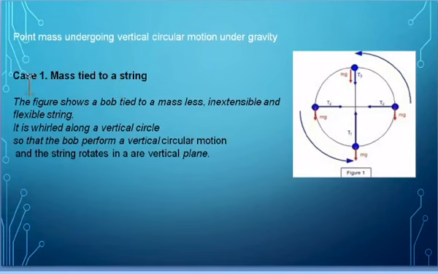Now we will first study case number 1. This figure shows a bob tied to a massless, inextensible and flexible string. It is whirled along a vertical circle. What will happen then? The bob will perform vertical circular motion and the string will rotate.